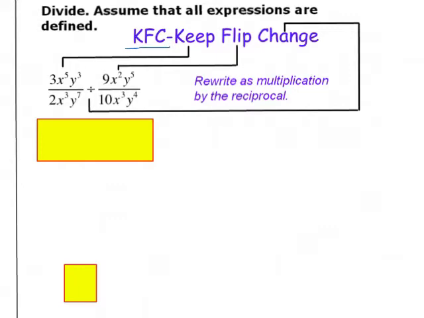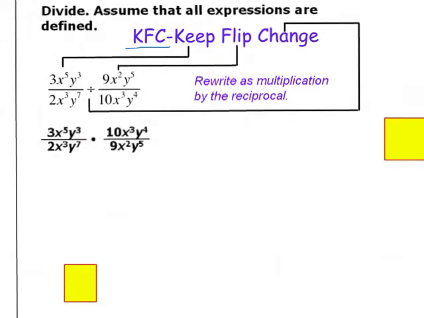We're going to flip the second one, and we're going to change the sign from division to multiplication. Alright, so when we're all done, the problem is going to look like this. And then from here, we're going to simplify it just like we did on the previous slide.